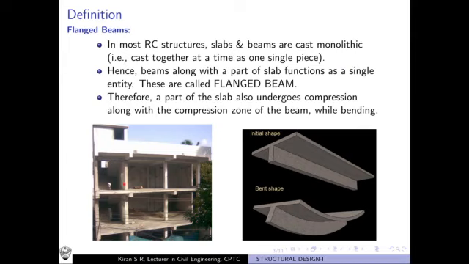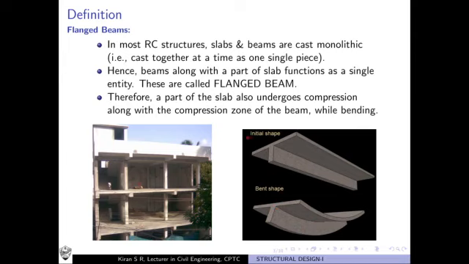So we call such beams and slab portions as flanged beams. That is exactly what we call by the term flanged beam. So as you see in this figure, a part of the slab will tend to be a part of the beam itself. So the beam and this portion of the slab will behave as a flexural element, and they, when subjected to loads, will also undergo flexure or bending as a single entity.